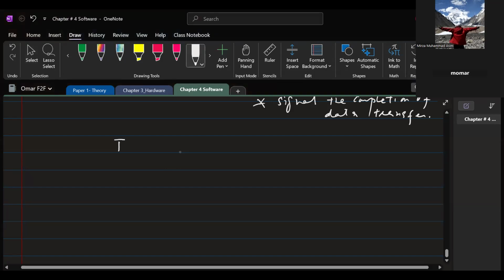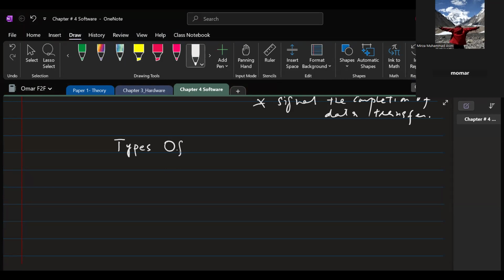Let's start. Types of programming languages.